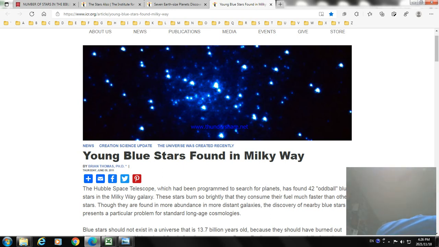And now the most massive star, R136A1. Do you know what kind of star that is? To me, I believe it's a violet star. You know?